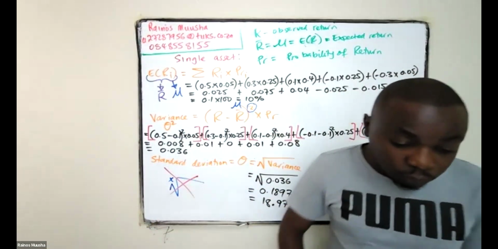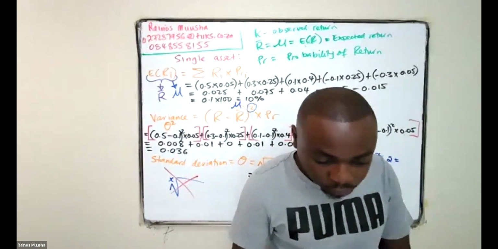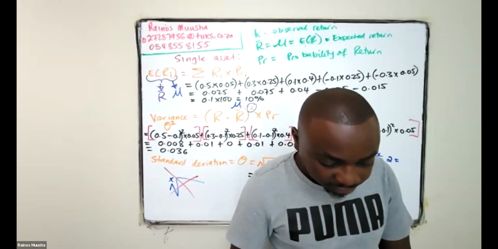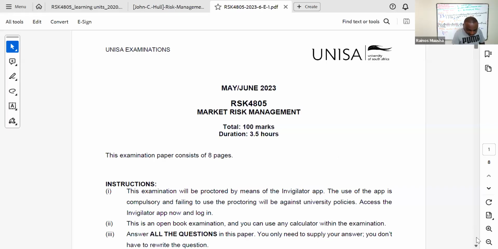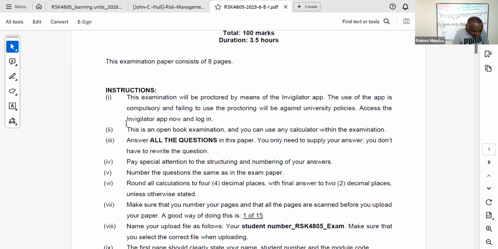So if you look at a typical exam paper, let's look at the May-June 2023 paper. You see that these are the instructions that they typically give you. Remember, they give you this information about the examiner app and open book examination, answer all the questions as well.